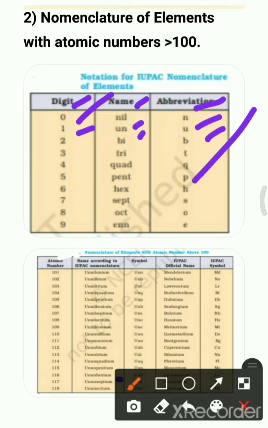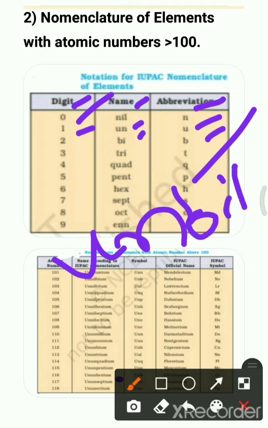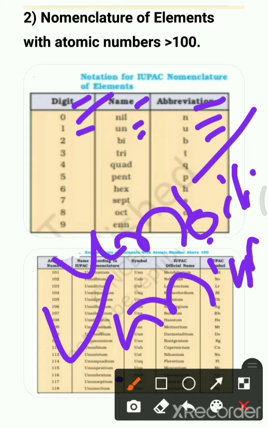So totally, for 120, the name we write is unbinilium, and the symbol is UBN.